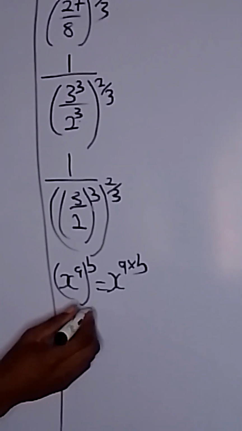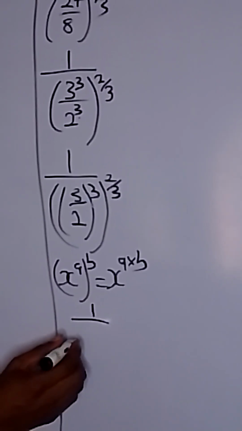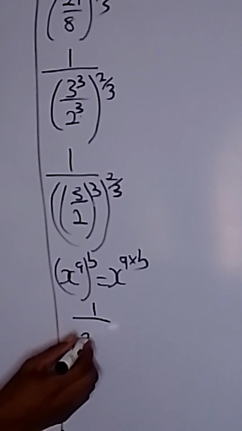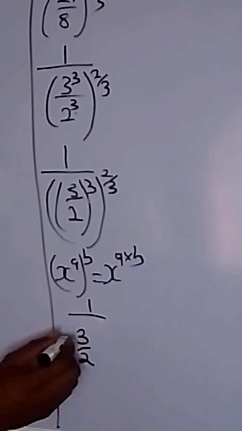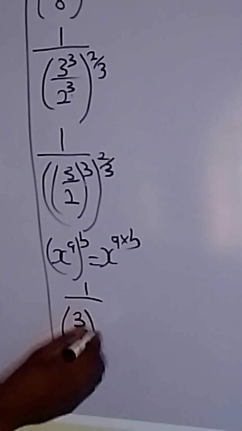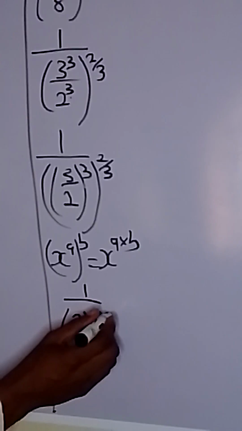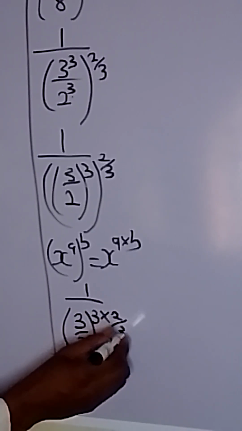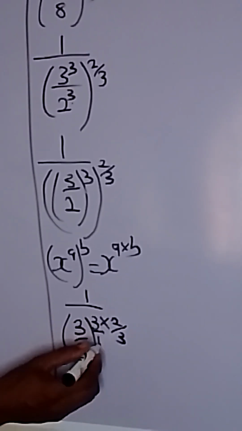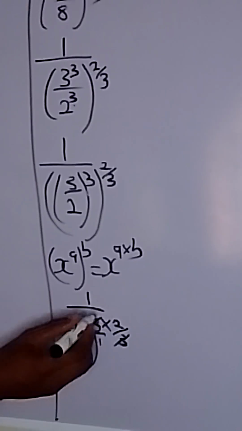We now have 1 all over 3 over 2, that's our x. Then raised to power, our a is what? 3 times our b is what? 2 over 3. Then this becomes over 1 so that we can cancel this and this.